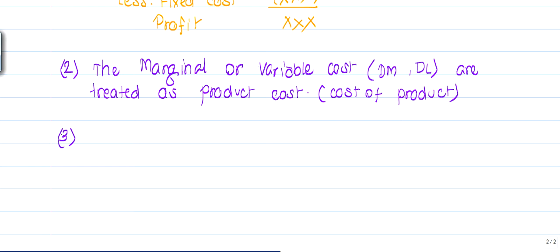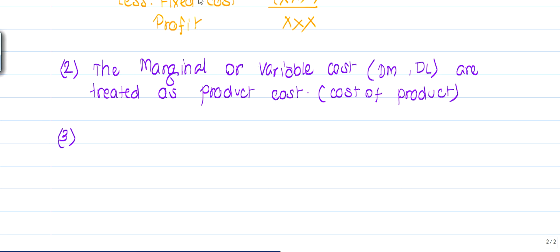Third one, under this costing, that is marginal costing, the value of finished goods and the work in progress is also comprised only of marginal cost, even in the calculation of FG and WIP.